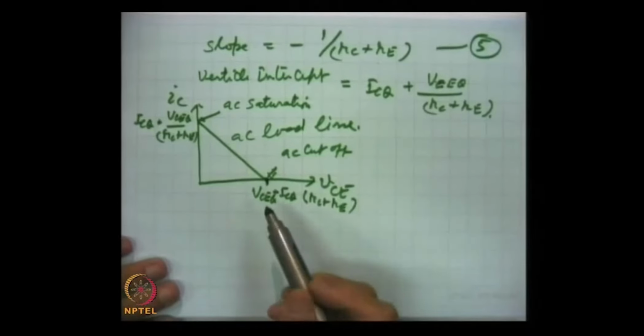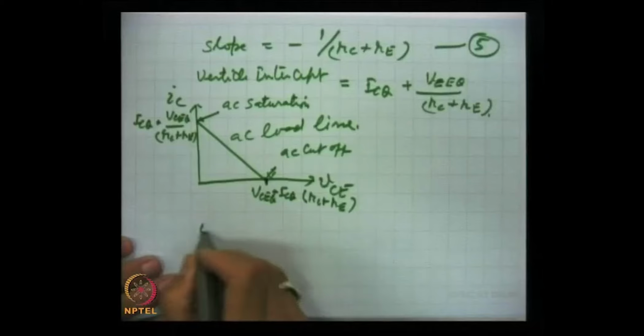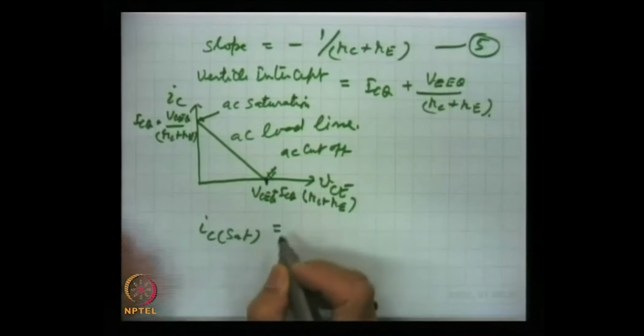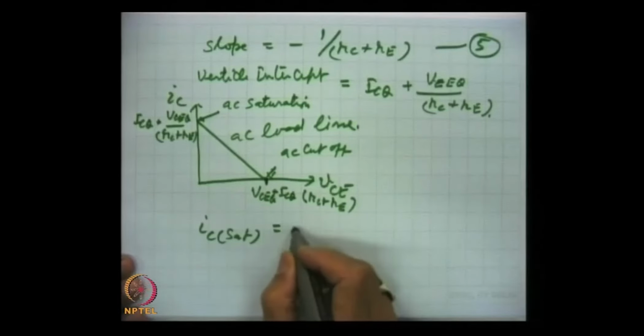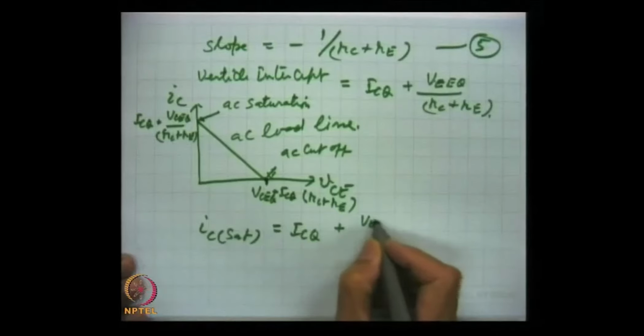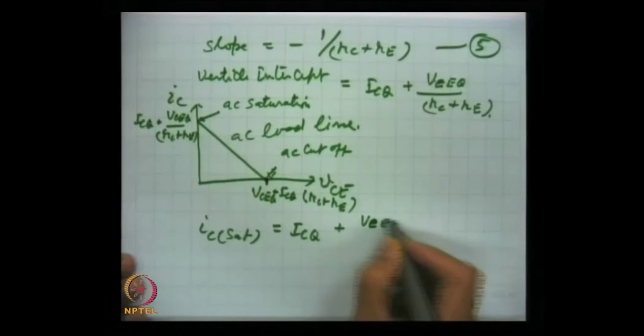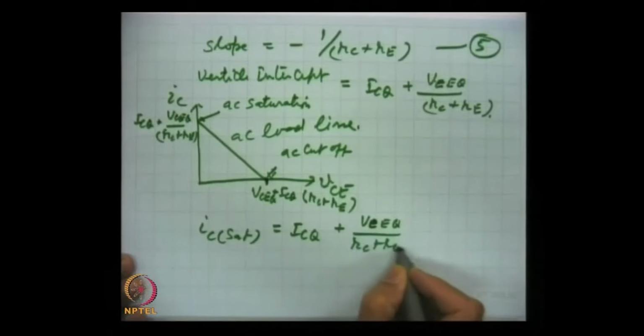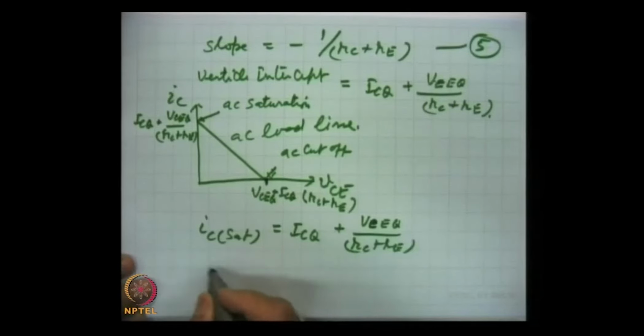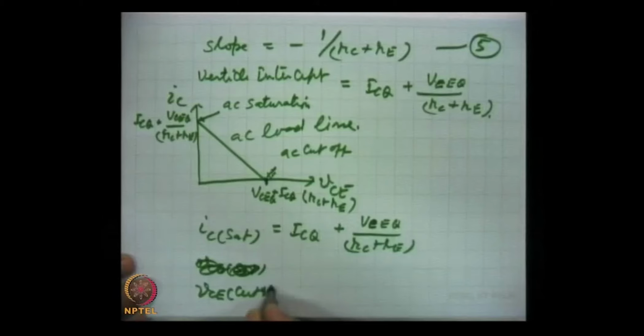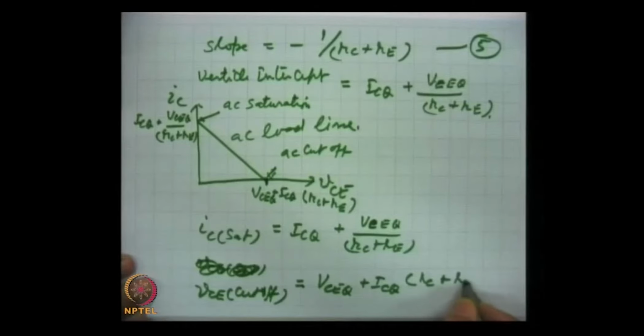These points have to be remembered: IC at saturation is equal to ICQ plus VCEQ by RC plus RE, and similarly VCE at cutoff, this AC cutoff point, is equal to VCEQ plus ICQ into RC plus RE.